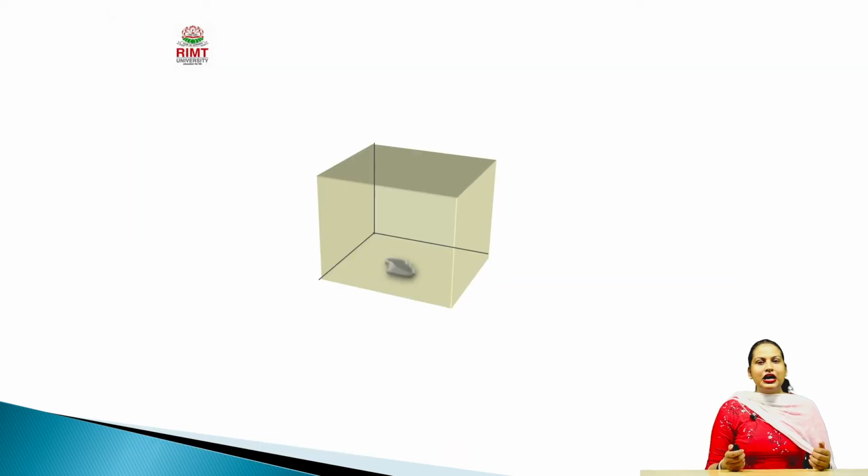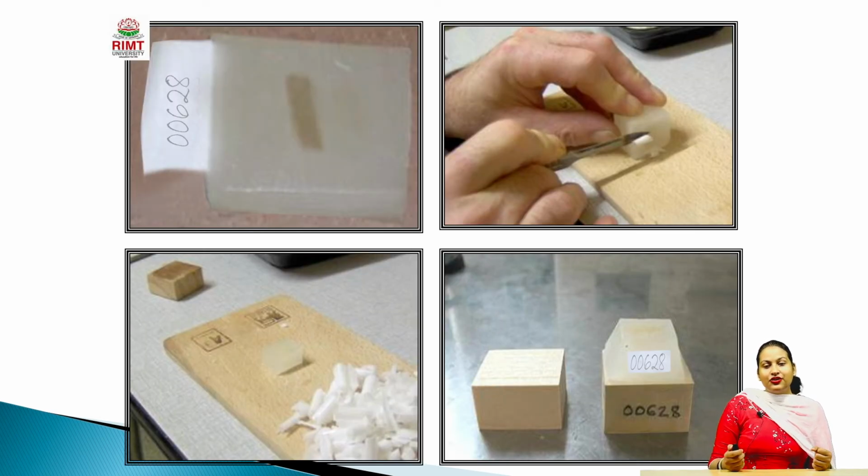So, this is an ice tray tissue pack. Here we keep the tissue in the ice pack. Next is a flow diagram showing the embedding process.